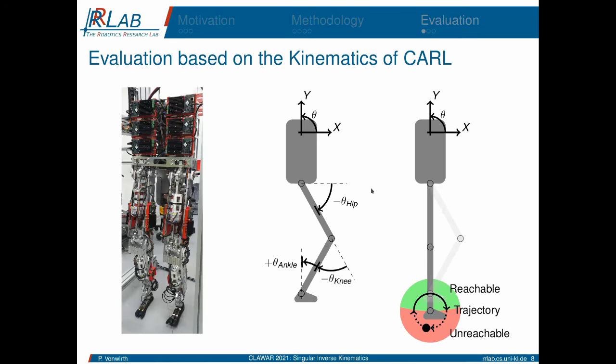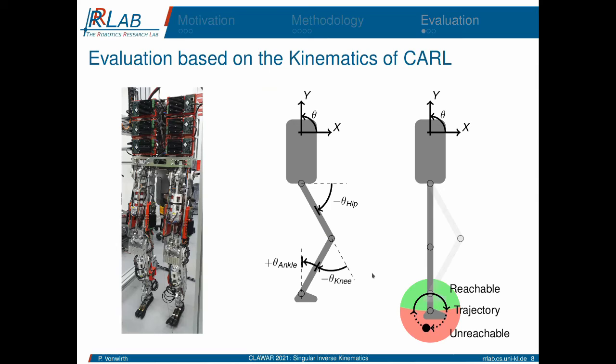As a simple evaluation, I have taken the kinematic structure of the planar two-legged bipedal robot CARL, which can be seen here in the picture, and the kinematic structure can be seen on the right. It's very simple: a two-segment leg and a foot, which is not really required for this problem.